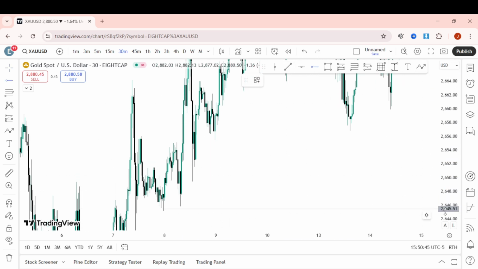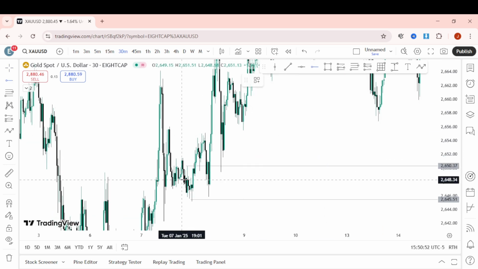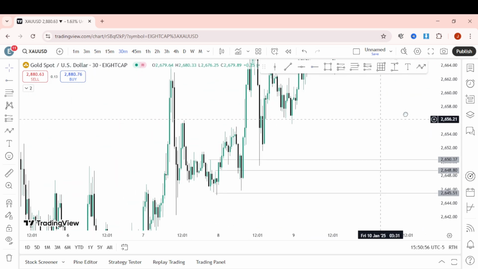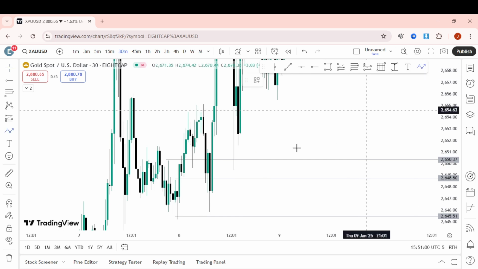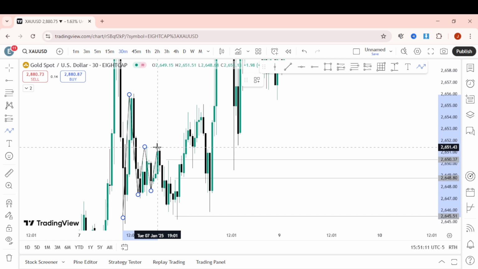So if you just take a closer look, you will see the first eye and the second eye. So in this very tiny range, price went up, came all the way down, then I think it went up, came down, went up, came all the way down.